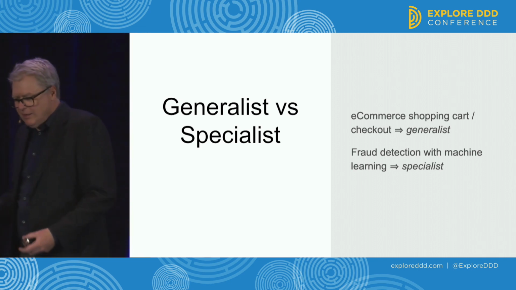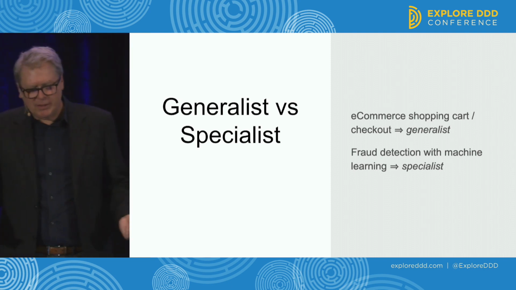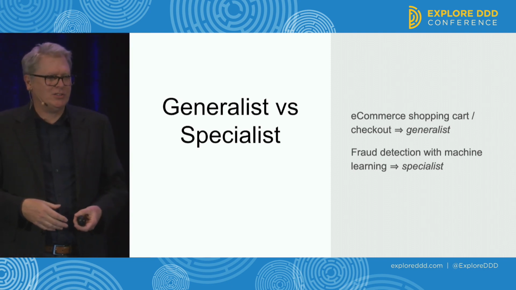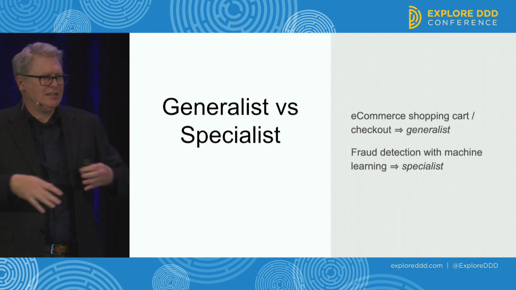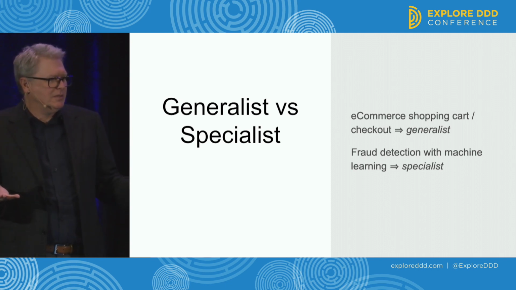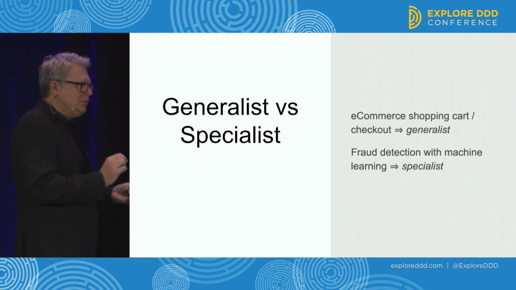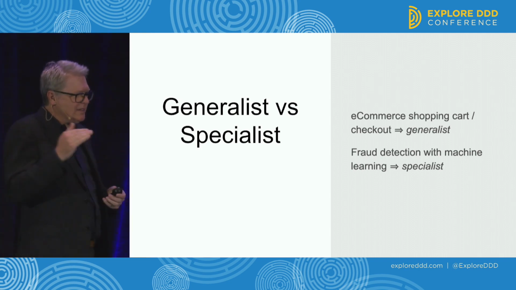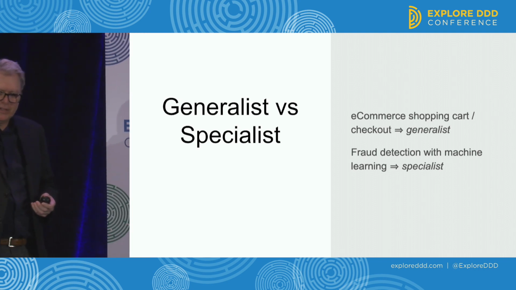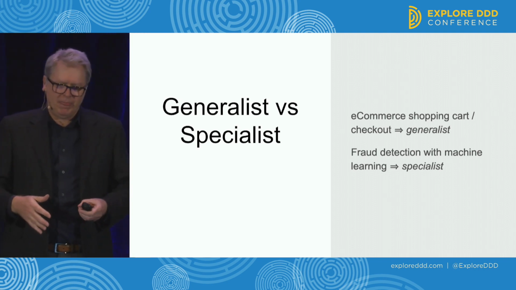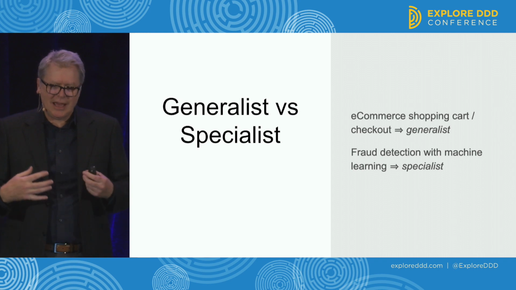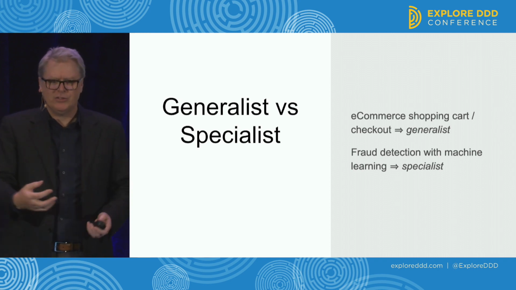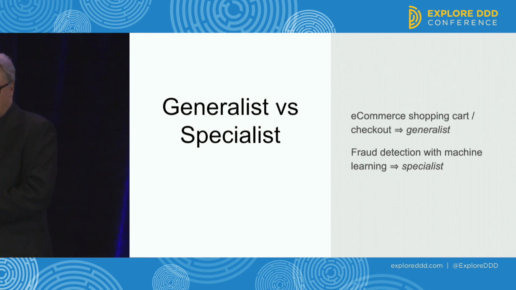Whereas in the generalist context that has the shopping cart, I probably don't want to just have a shopping cart context. It's part of the general e-commerce context, and it's one piece of many. So knowing whether it should be specialist or generalist is a guide to our evolving management of that context. Should I add this new thing in there, or should it spin off into another context?